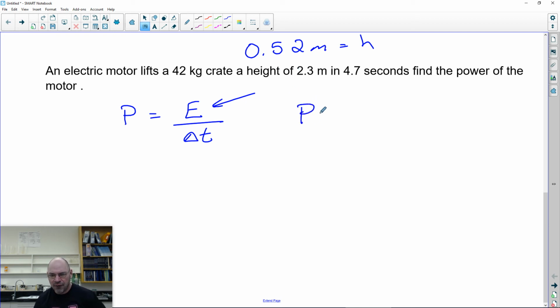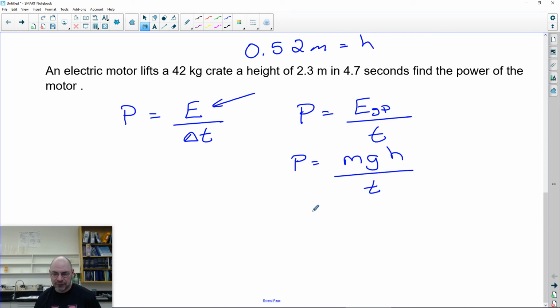So the power is going to equal gravitational potential energy over the time. Change in time is going to be 4.7 because we're starting at 0. So let's put the equation in for gravitational potential energy, mgh, and the time.